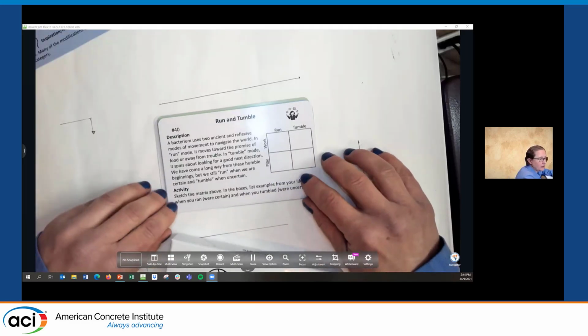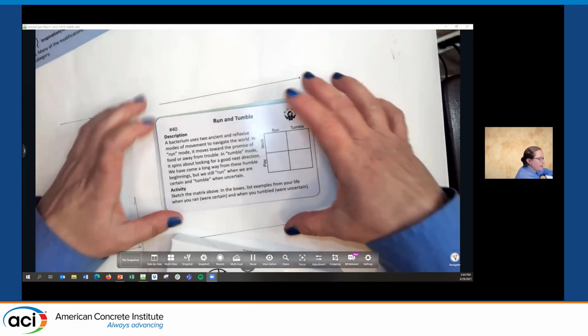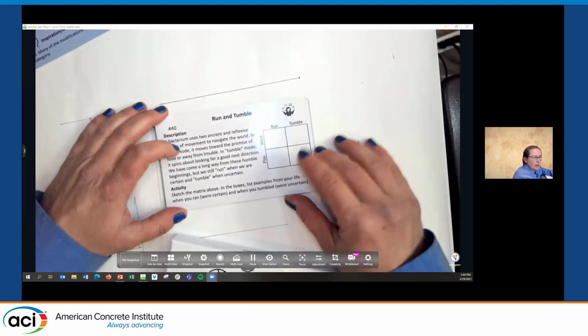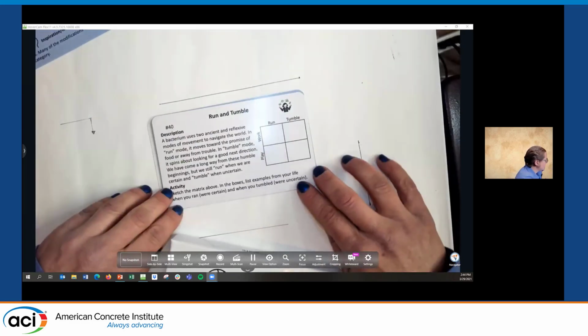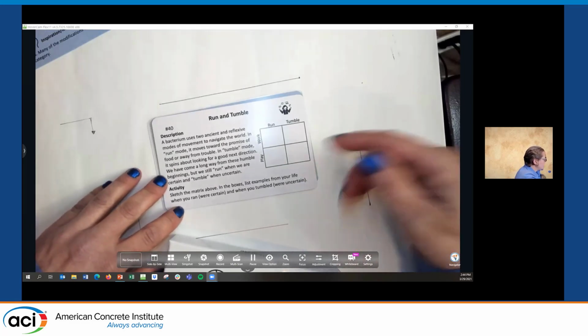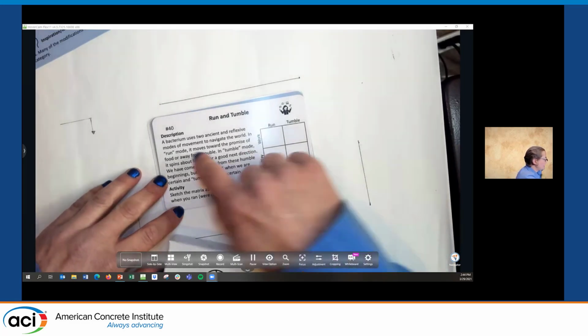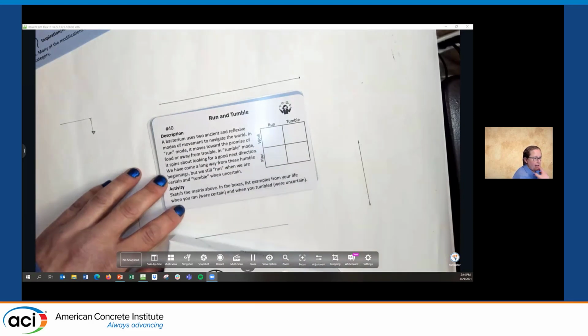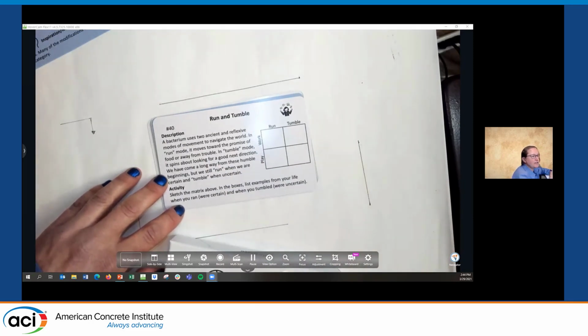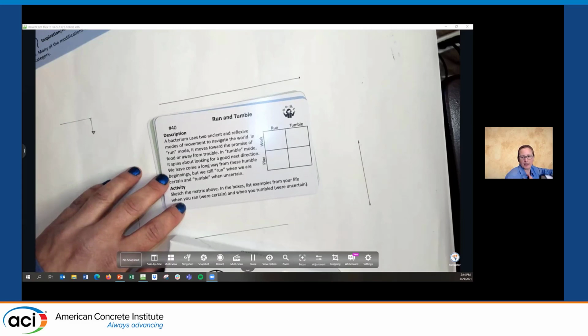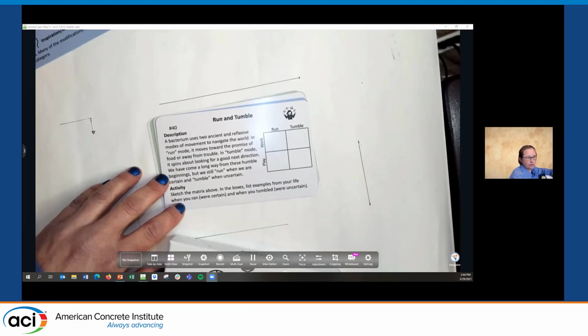Here's an example of one. They did a lot of analogies, and it may or may not be exactly what you need for your class, but this one talks about a bacterium having negative or positive feedback and moving towards an environment that's positive for it or away from one that's negative. They call that the rough and tumble.